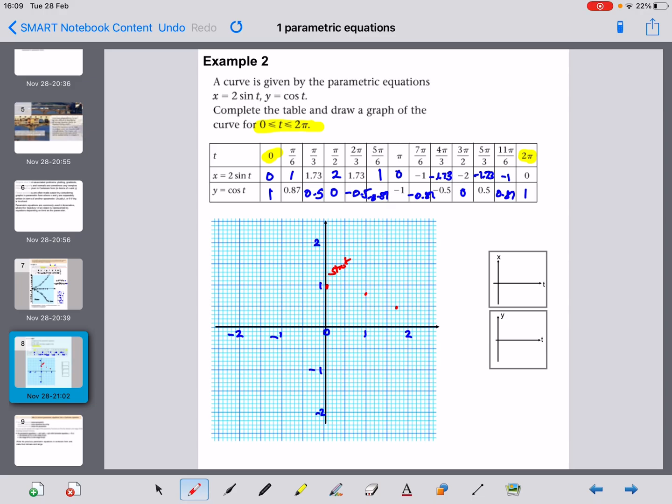Then when x is 2, y is 0. When x is 1.73, y is negative 0.5. Then 1, then 0, minus 1. So you can see it's tracing round in a clockwise direction.